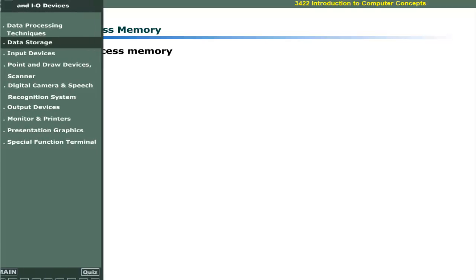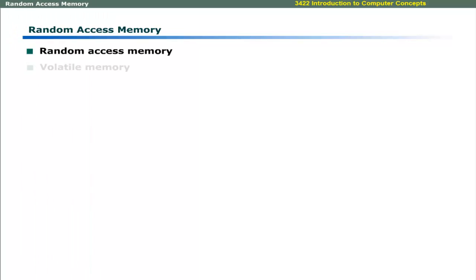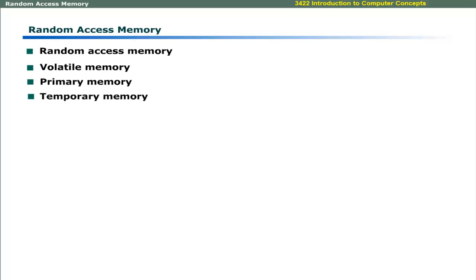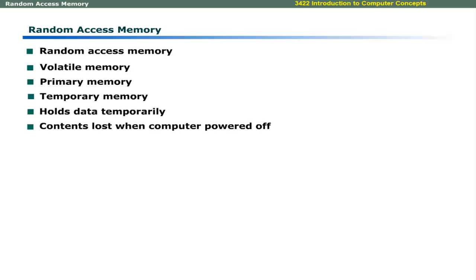Dear learners, RAM stands for Random Access Memory. It is also called volatile memory, primary memory, or temporary memory. Its purpose is to hold data, results of operations and programs temporarily. The contents of RAM are lost when the computer is turned off.